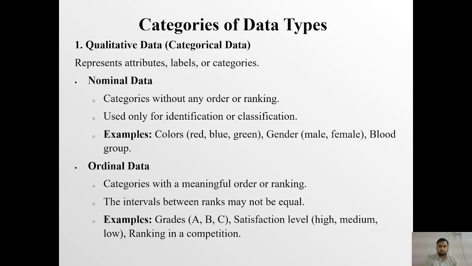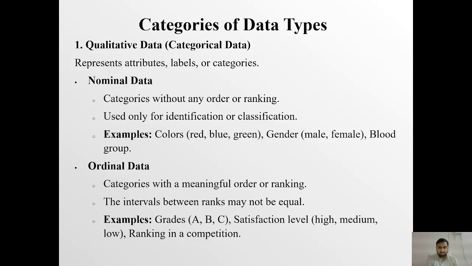Categories of data types. Qualitative data. Categorical data represents attributes, labels, or categories. Nominal data: categories without any order or ranking, used only for identification or classification. Example colors red, blue, green. Gender male, female.